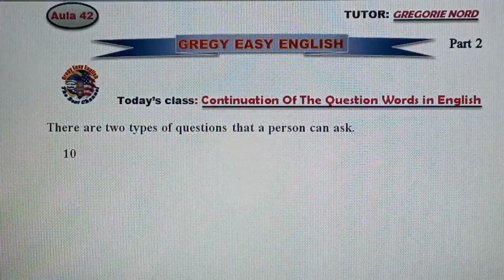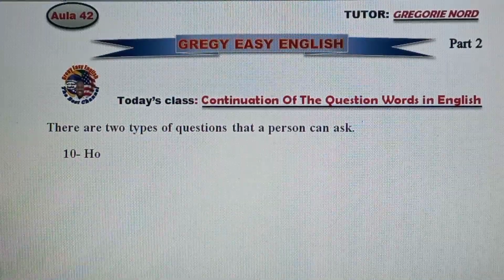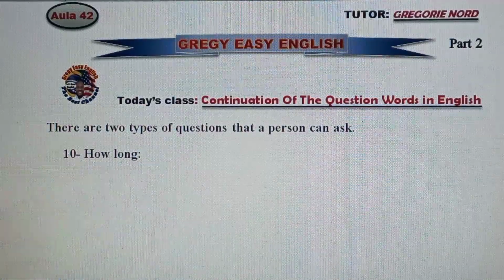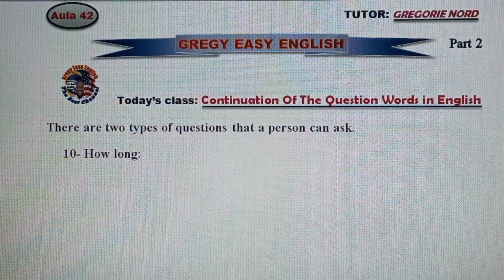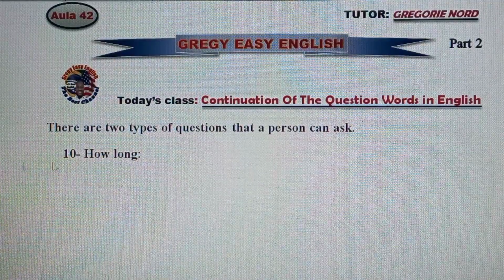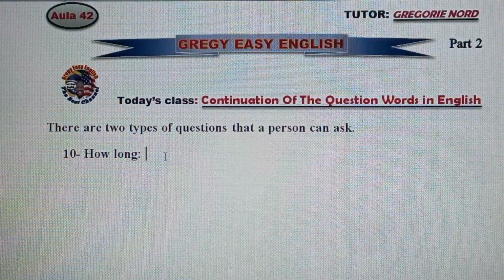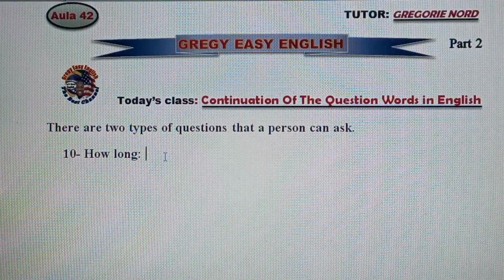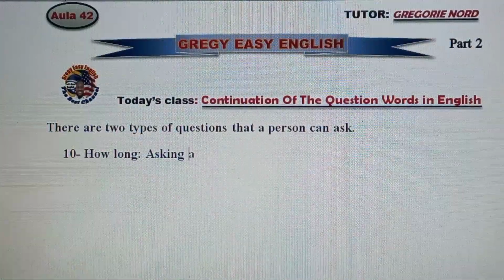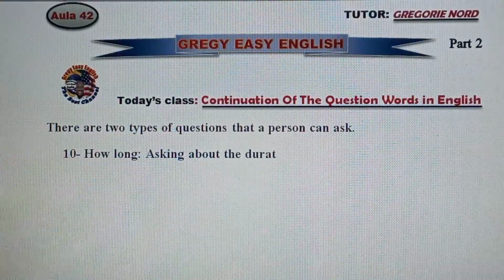Now guys, let's see how we use the question word how long in English. How long, asking about the duration.